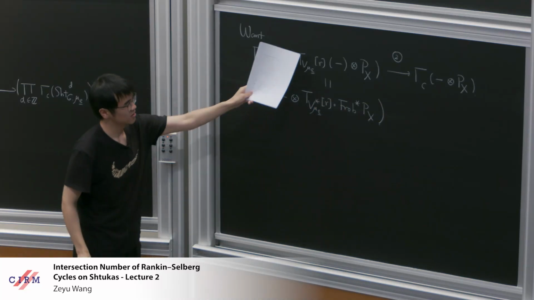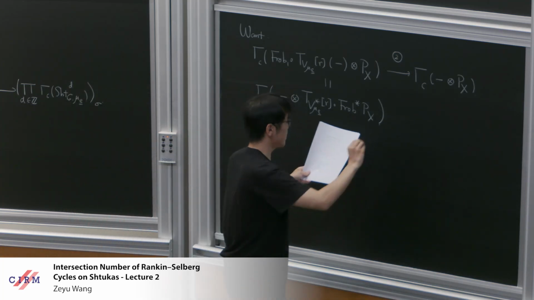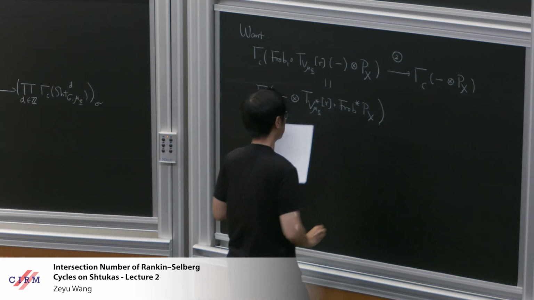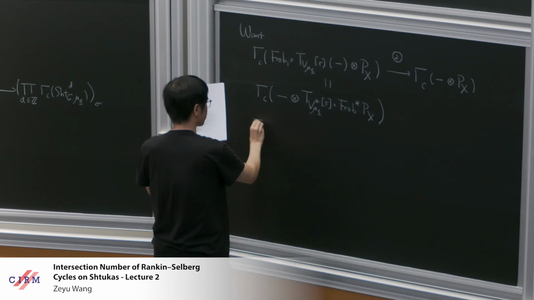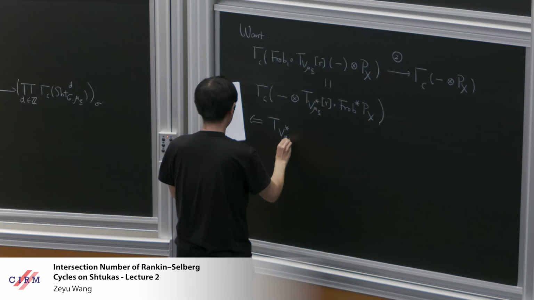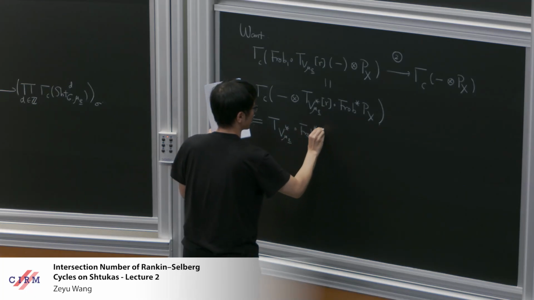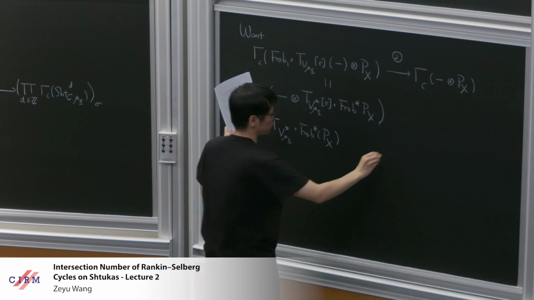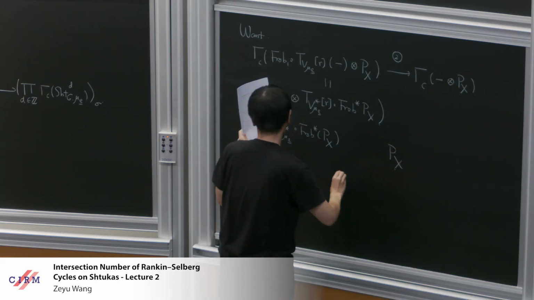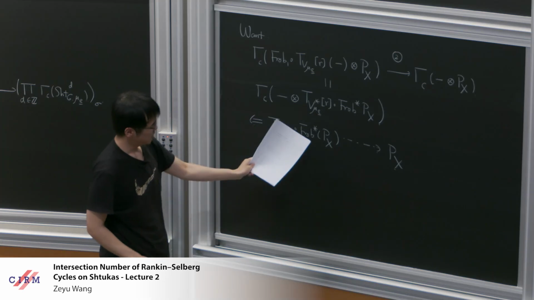So you need a natural transformation in this direction. That means you just need a map from this dual Hecke operator, composed with Frobenius, applied to the pure sheaf, to the pure sheaf itself. That's all you want to construct.